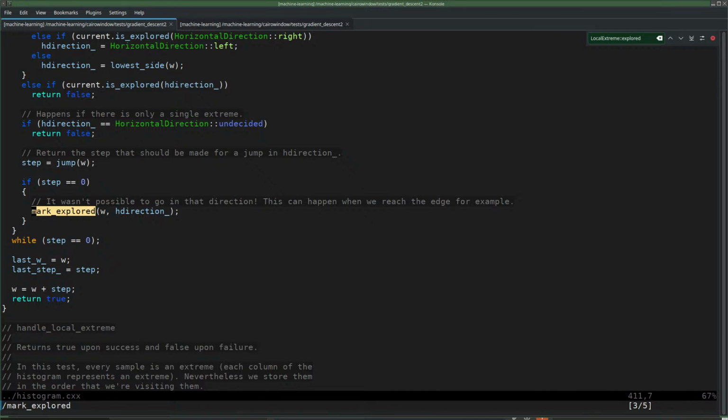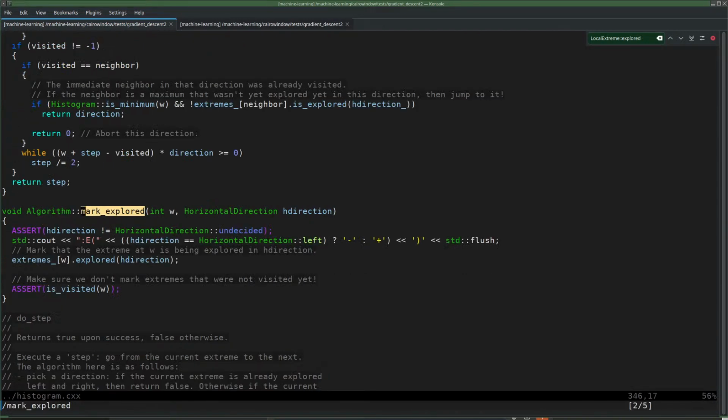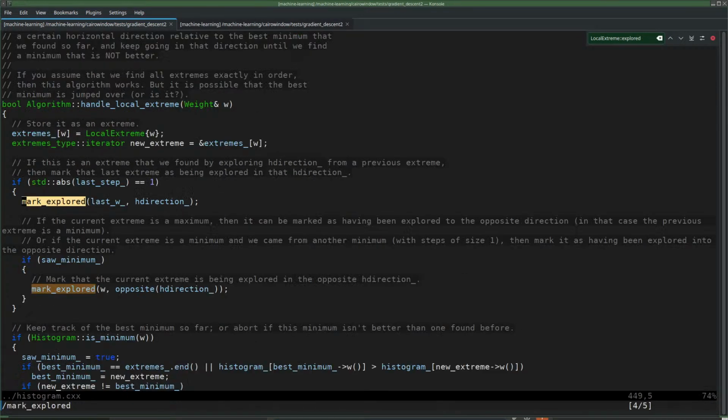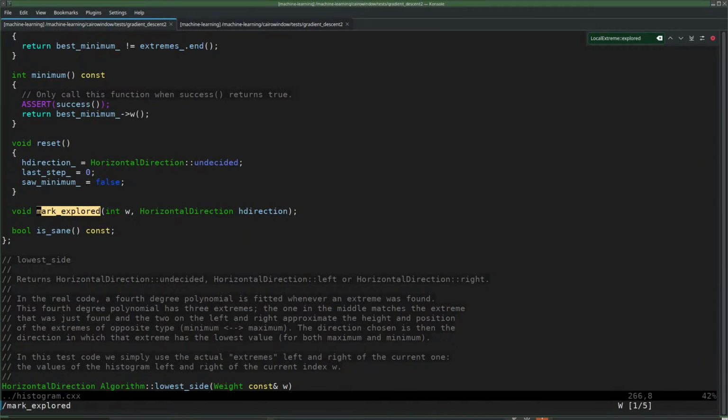So this is the rule: if it was not possible to go in that direction, mark it in that direction. We did that. Let's start at the top. That's the first one. Then here we have another one. In total I found 3 rules, so there should be only 2 left. This is the third one, and yes, to the top.